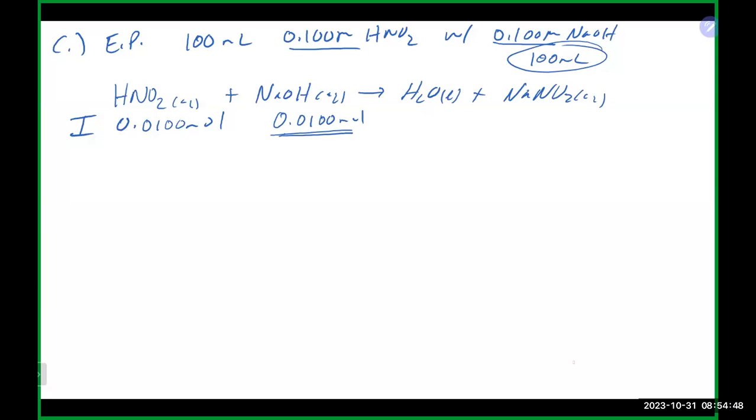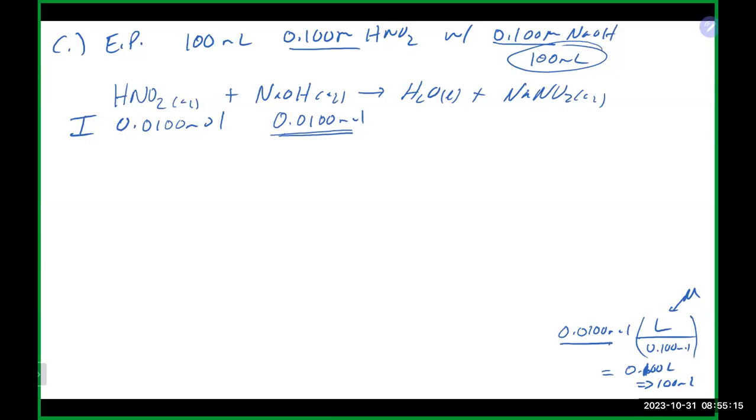Now, if we look at our sodium hydroxide, we know that we need 0.1 moles of it. We do have the molarity, which is 0.1 moles per liter, and that's essentially going to give us 0.1 liters, which is 100 milliliters. So alternative to that, you can use the molarity of the sodium hydroxide and the moles that you need to figure out the volume.